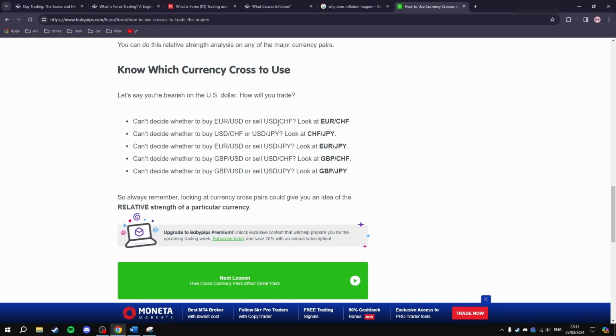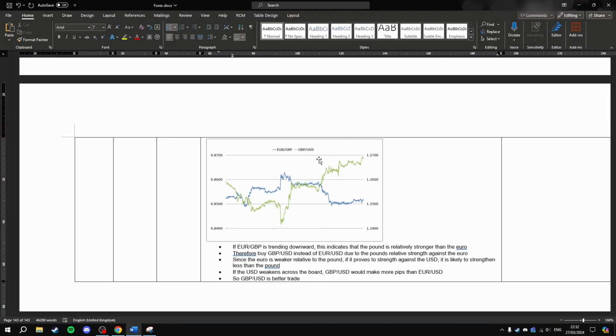Can't decide whether to buy EUR/USD or sell USD/JPY? Look at EUR/JPY. Can't decide whether to buy GBP/USD or sell USD/CHF? Look at GBP/CHF. Can't decide whether to buy GBP/USD or sell USD/JPY? Look at GBP/JPY. So always remember, looking at the currency cross pairs could give you an idea of the relative strength of a particular currency.